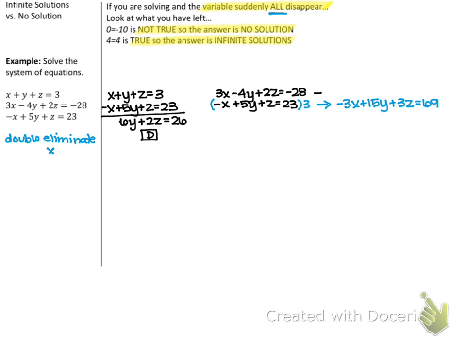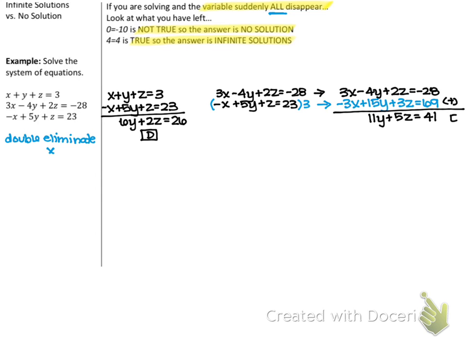And then I'm going to slide this over. So 3x minus 4y plus 2z is equal to negative 28. Add straight down. X's are going to disappear. It's going to give me 11y plus 5z is equal to, looks like 41.